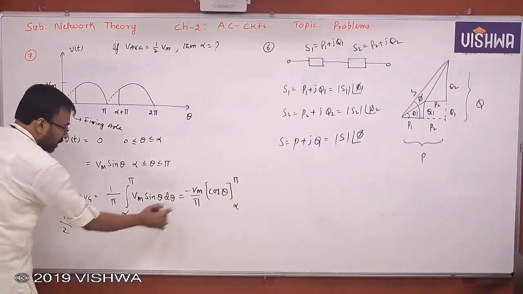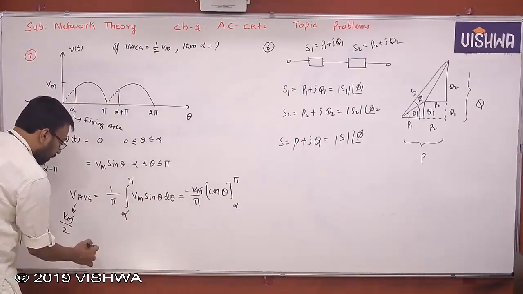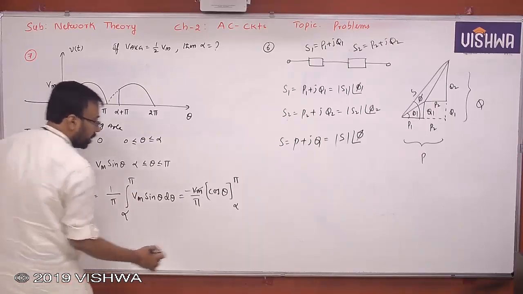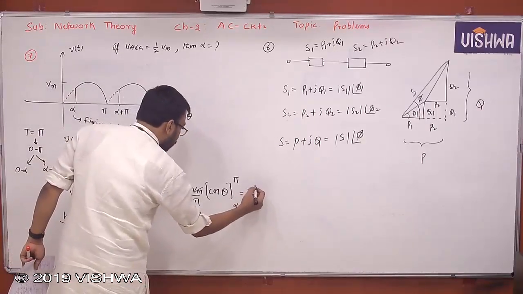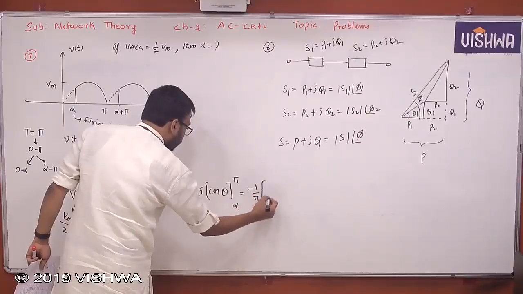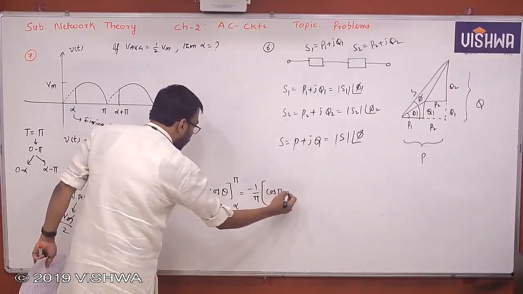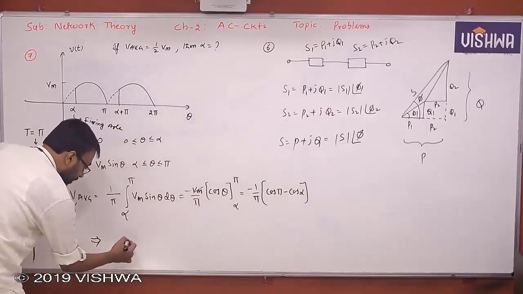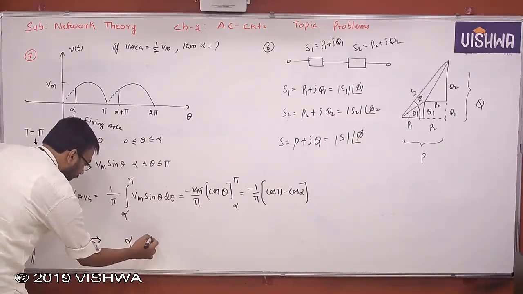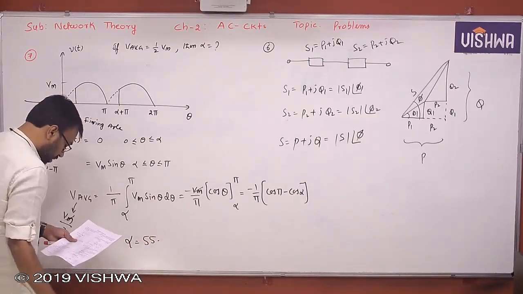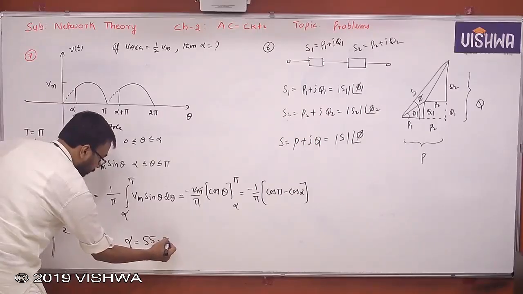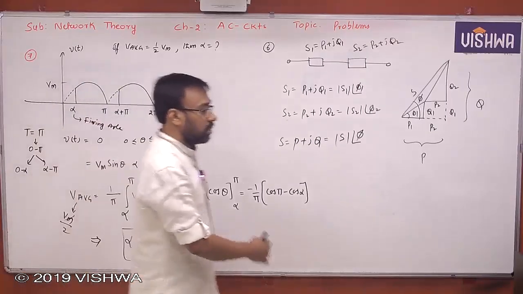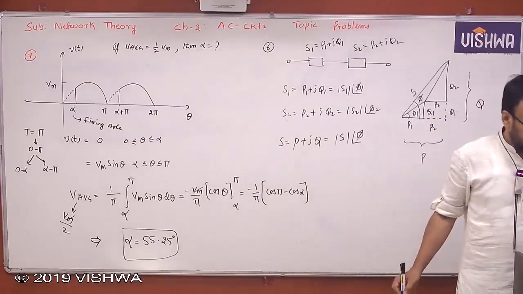This V max and this V max get cancelled. And finally, if you calculate that, you will get minus 1 by pi, cos pi minus cos alpha. Understand? So just by simplifying this, you will get the value of alpha. I can give you 55.25 degrees approximately. Please note down that. 7th problem it is.